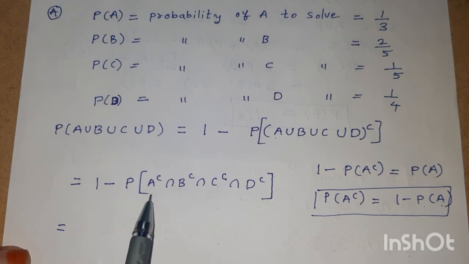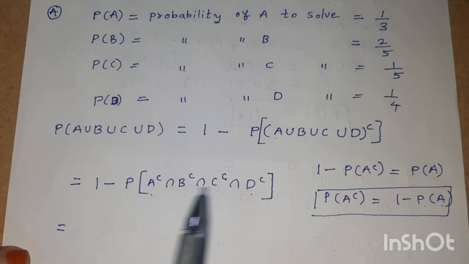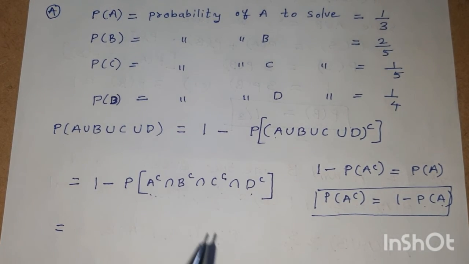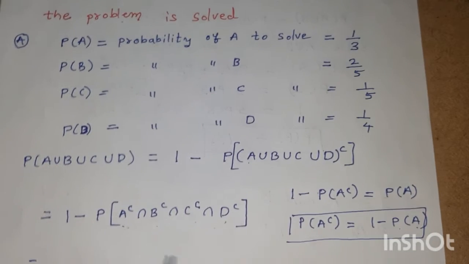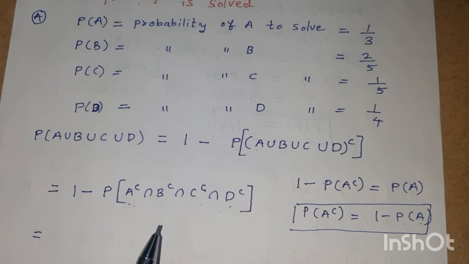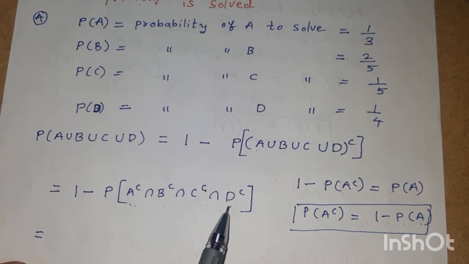Now we know that A complement, B complement, C complement, D complement are mutually exclusive events, because A, B, C and D are mutually exclusive events, because all persons are always disjoint.